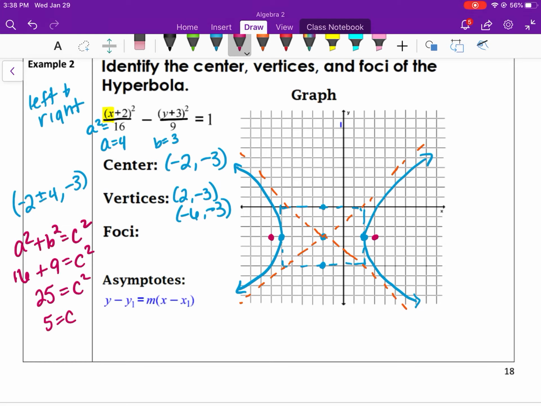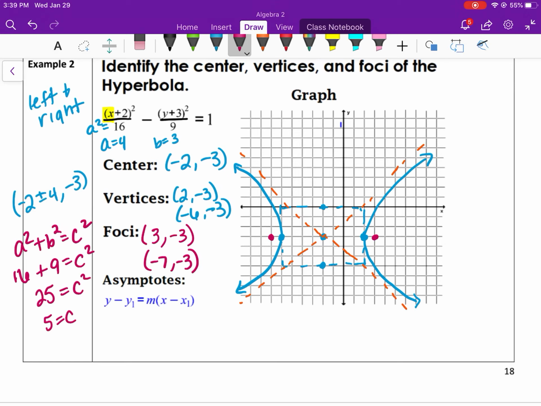And those focus points, again, the x-coordinate is changing. And you can see this in your picture. It's 3, -3. And that's because -2 plus 5 is 3, and that's -3. So that's this point right here to the left of the hyperbola. And then if you do -2 minus 5, you're going to be at -7, -3. So those are my two focus points, the ones that I graphed in pink.